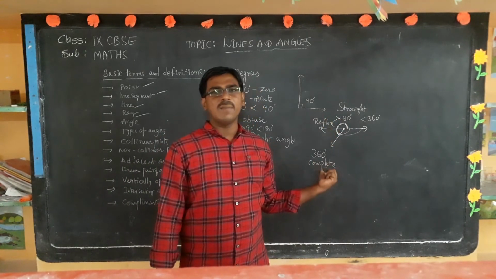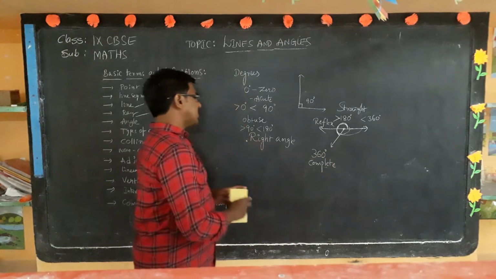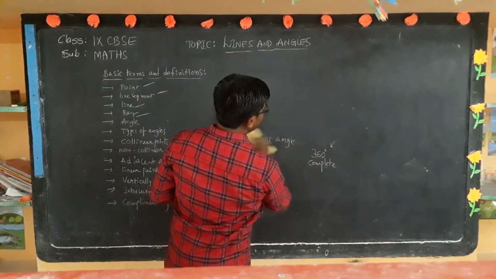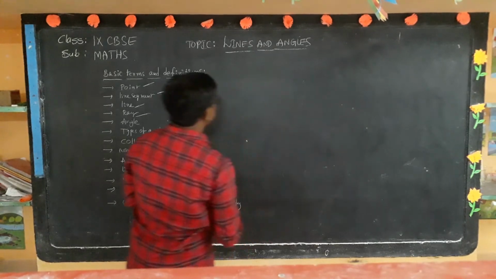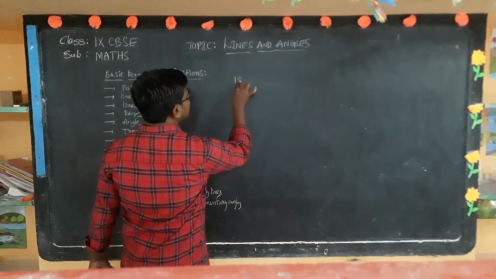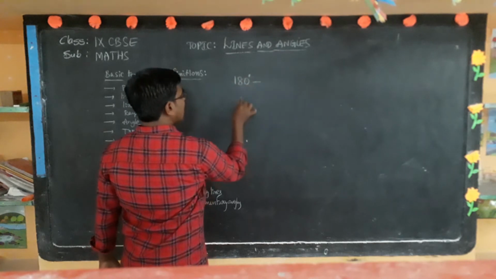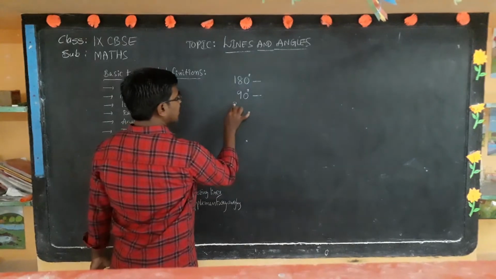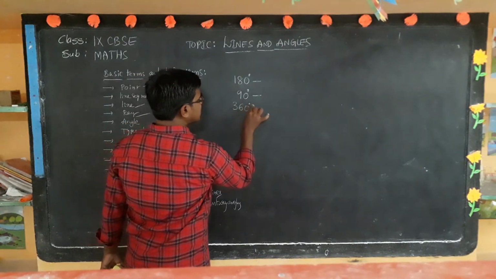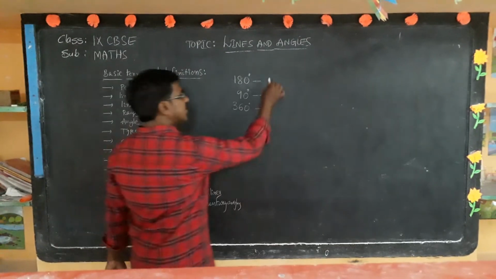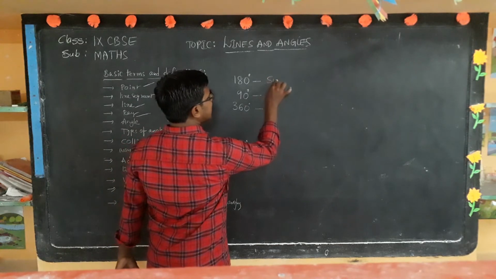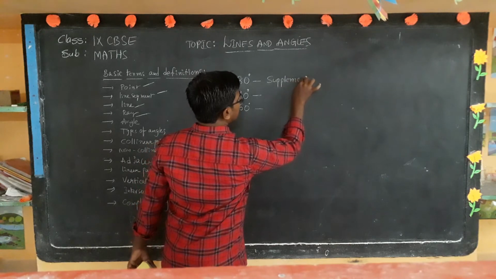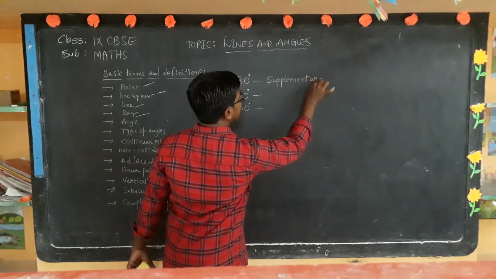Next, if the sum of two angles is 180 degrees, we call them supplementary angles.